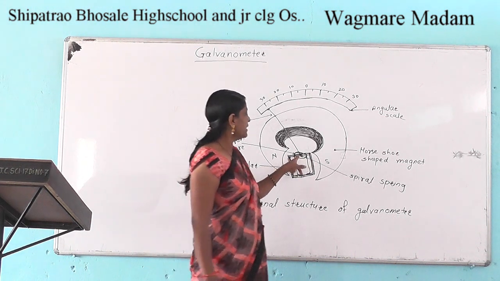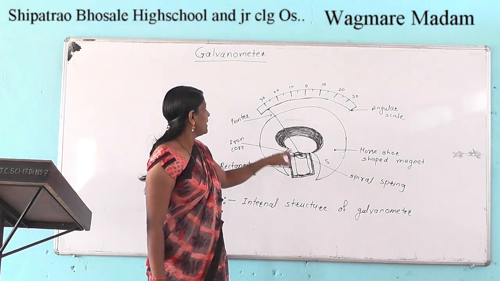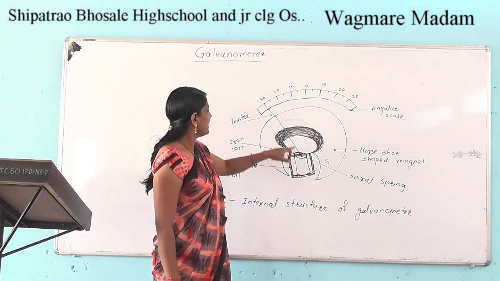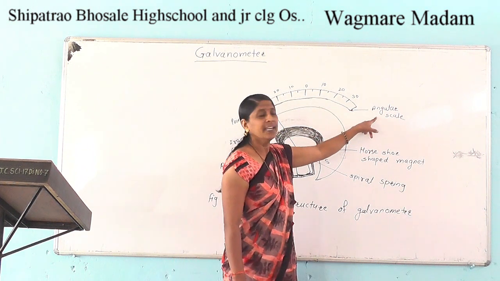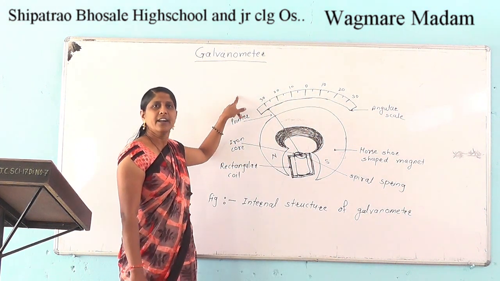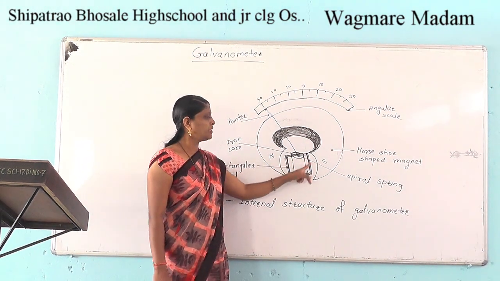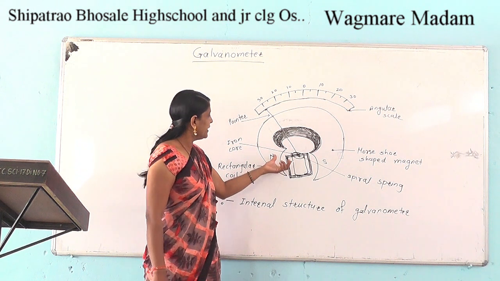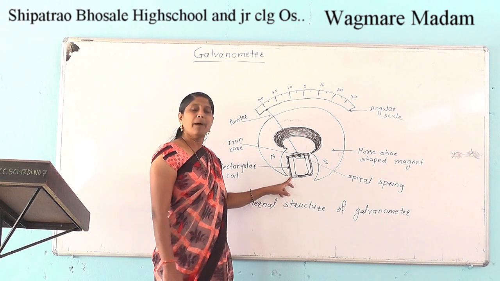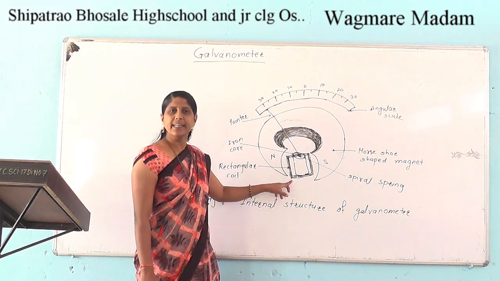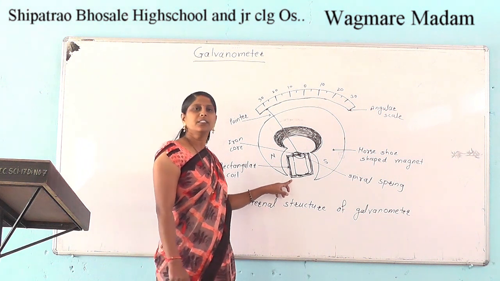Here a spiral spring is connected, which twists. Then a pointer is connected to this spiral spring. Here an angular scale is given to measure the deflection of the coil. When current passes through this coil, there is a uniform magnetic field, and when a current-carrying coil is suspended in a uniform magnetic field, it starts to rotate or twist.